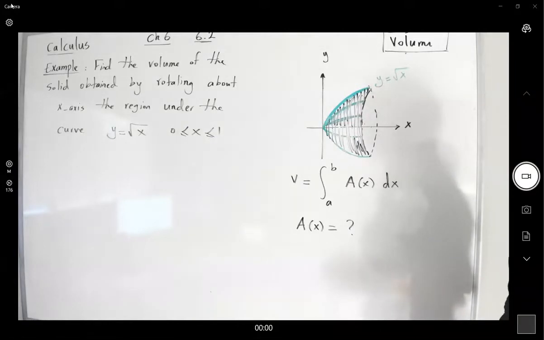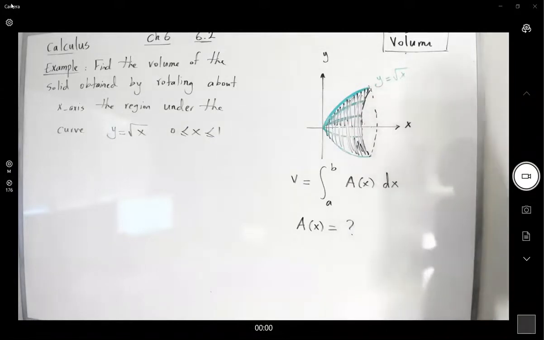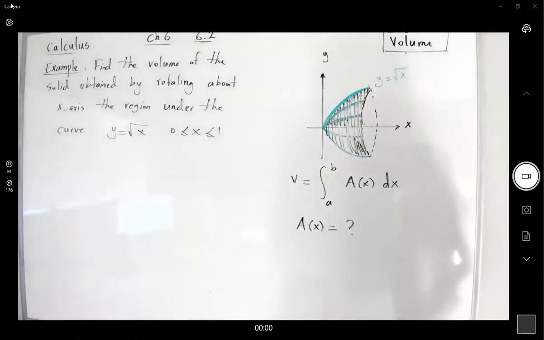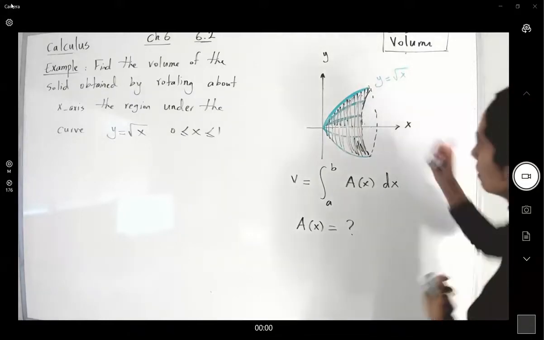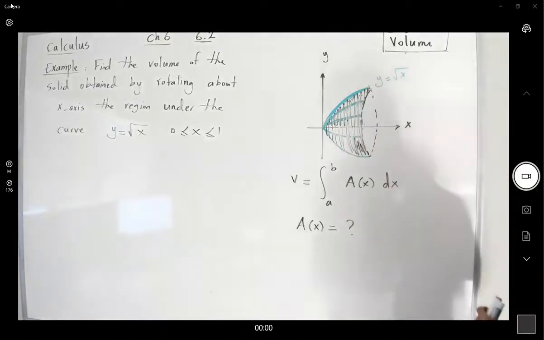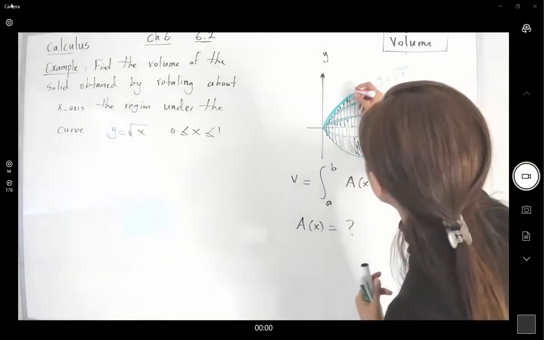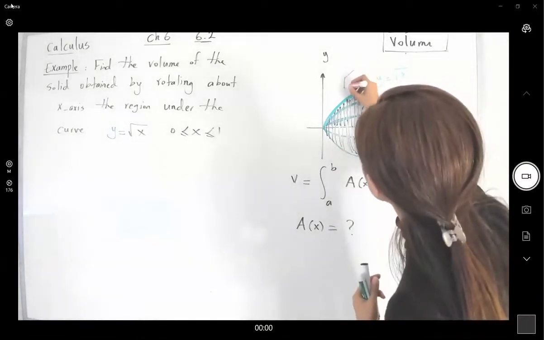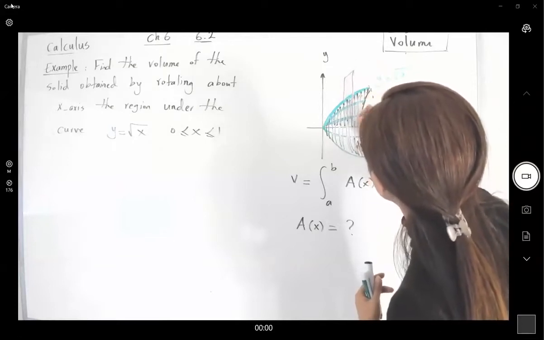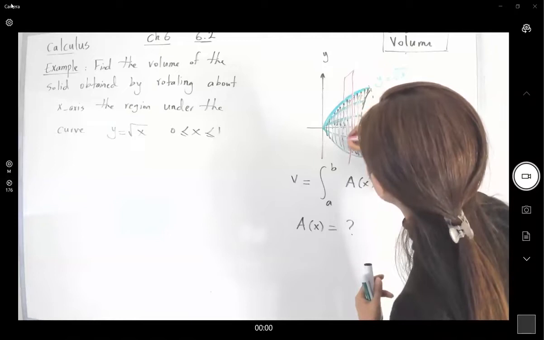What is this area? If we look at the cross-section of this solid, what does it look like? Let us just use a plane to take a look at this cross-section here.